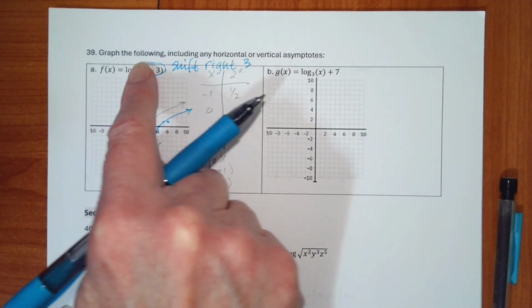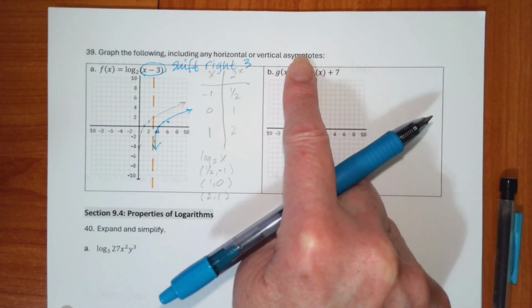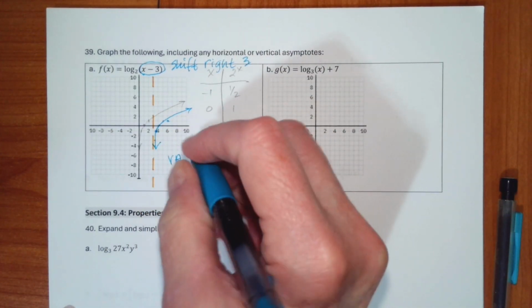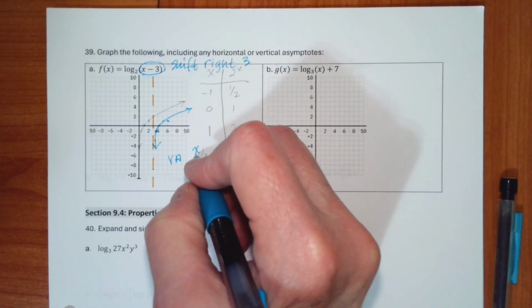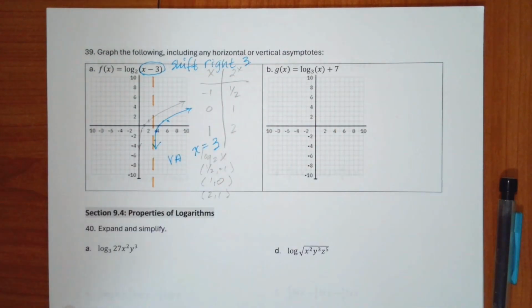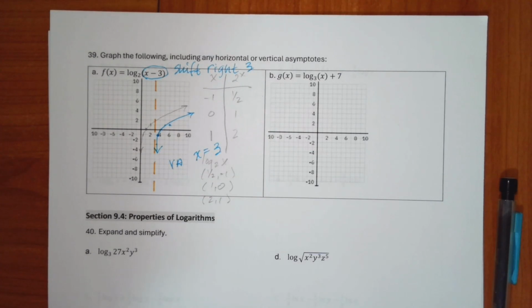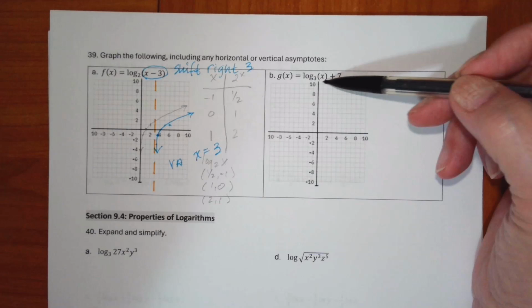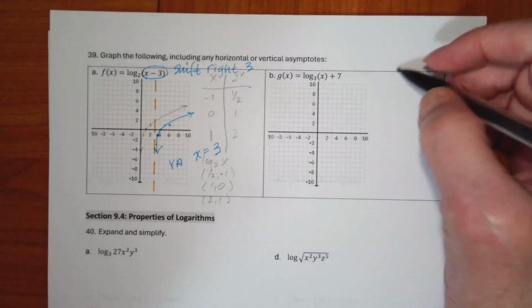Okay, so graph the following and include any horizontal or vertical asymptotes. So I have a vertical asymptote at x equals 3. Okay, if I have g of x equals log base 3 of x plus 7, I'm going to do exactly the same thing.